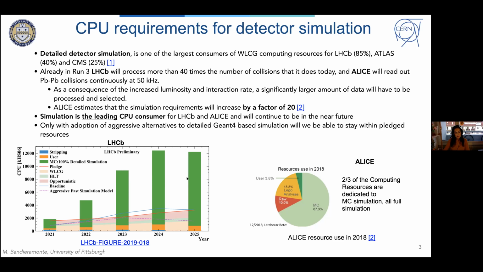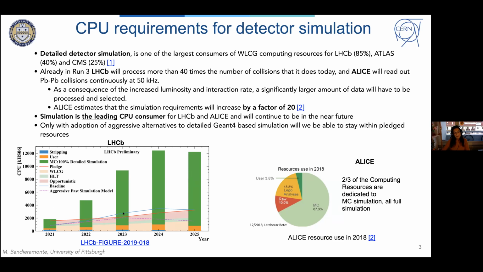Here you can see a projection of the computing needs of the experiment for the next 5 years, and the green bars refer to the computing needs if the experiment decides to produce its Monte Carlo samples fully with 100% detailed simulation.